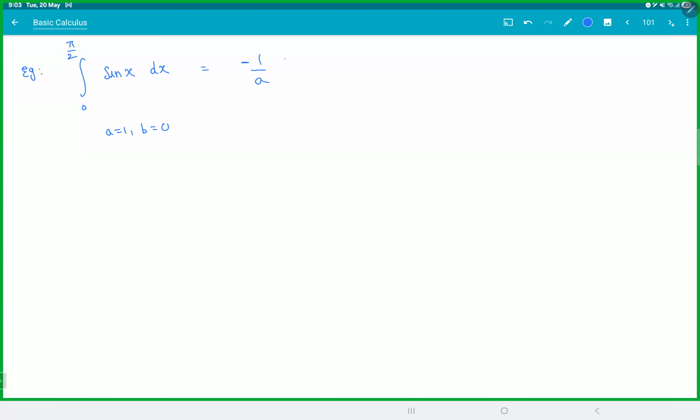Minus 1 by a cos(ax+b). Limits are from 0 to 90. So in place of a you have 1 and in place of b you have 0. So this is minus cos x from 0 to 90. So substitute the values, cos 90, then substitute 0, cos 0, and subtract that. Cos 90 is 0, and cos 0 is 1. So what do we get here exactly?